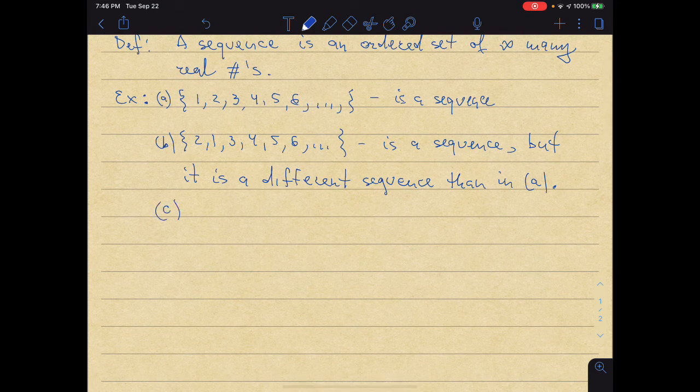Another example, maybe something like this: 2, 1, 4, 3, 6, 5, 8, 7, and so on. Also a sequence.